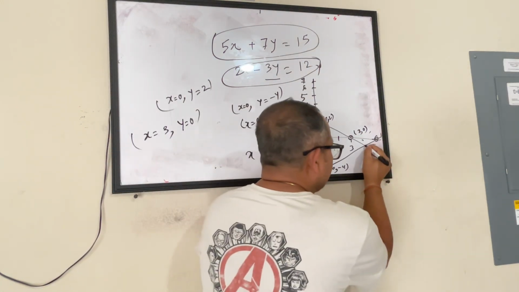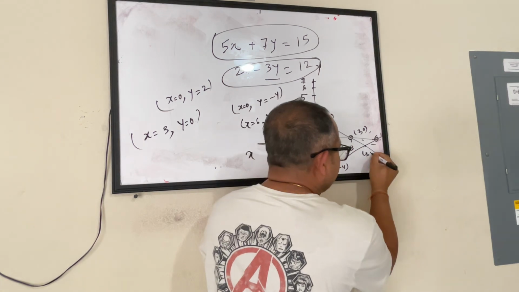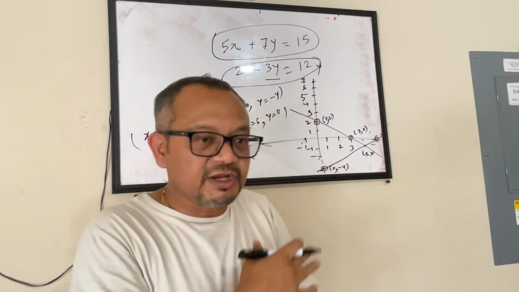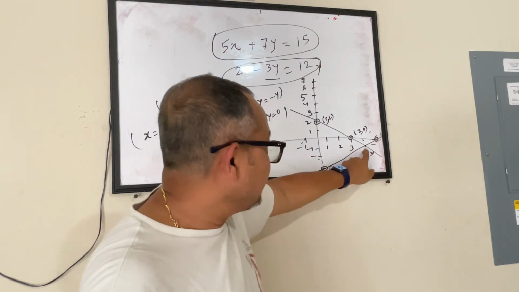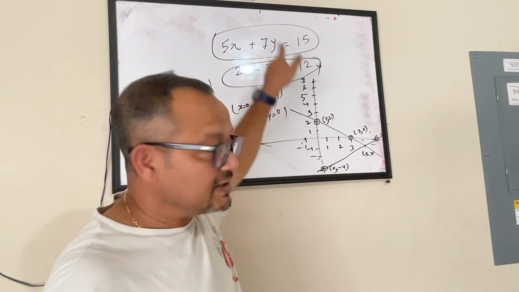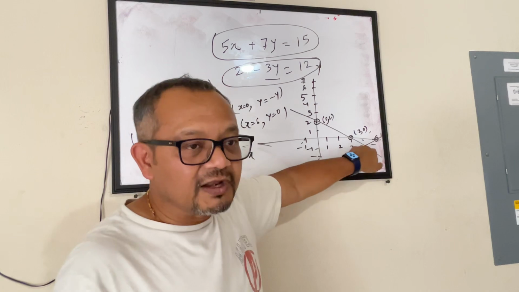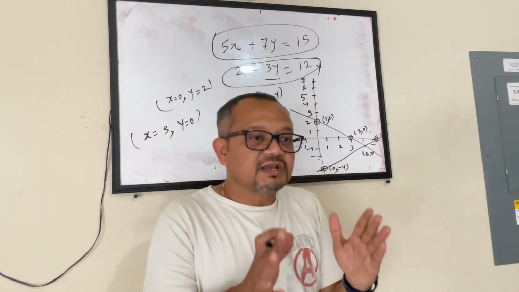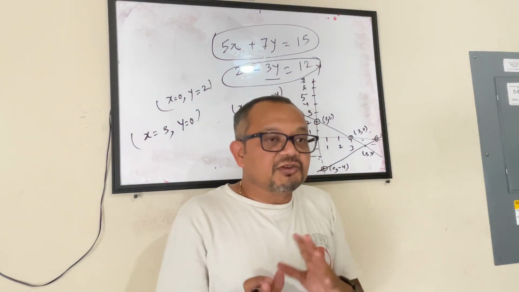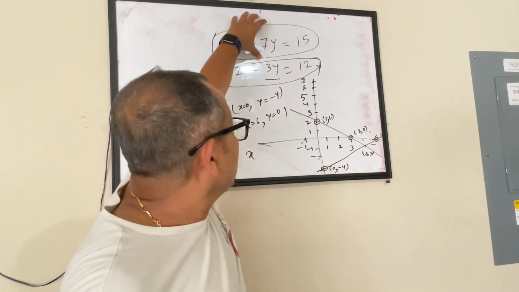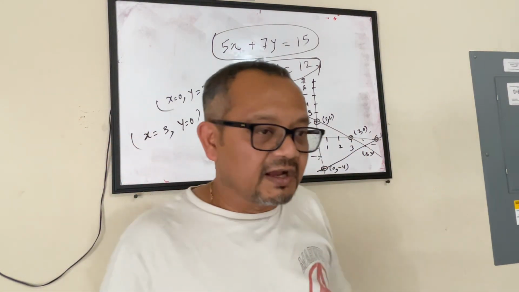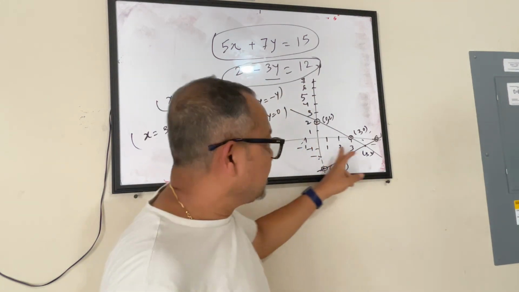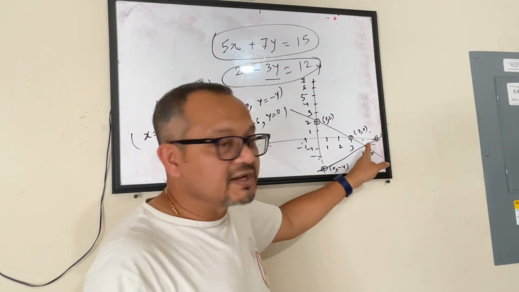The x coordinate of this point where the two lines meet will give you the value of x, and the y coordinate will give you the value of y. You can either solve the equations algebraically or draw them on graph paper and see where they intersect.